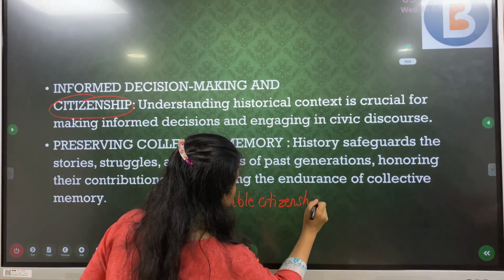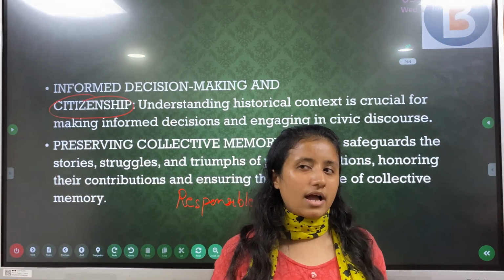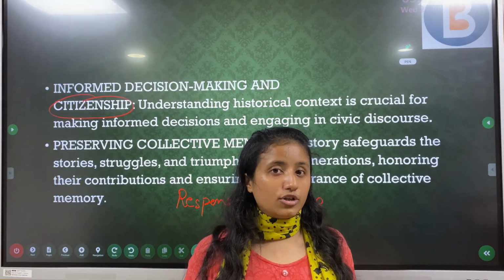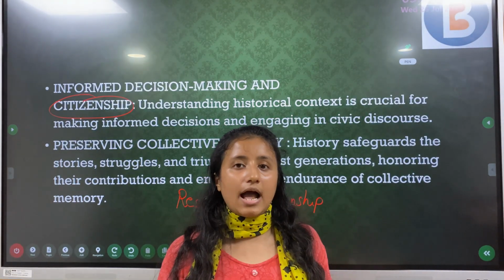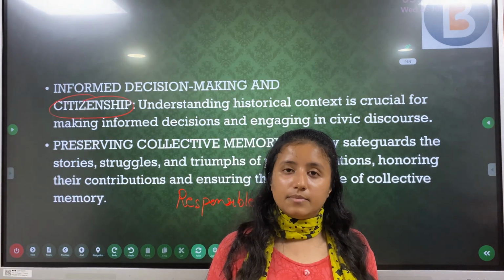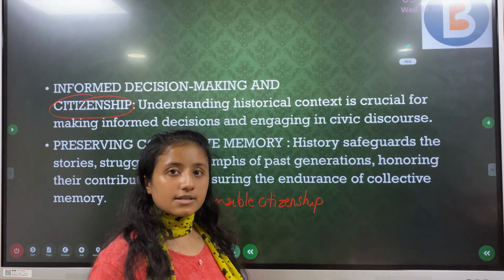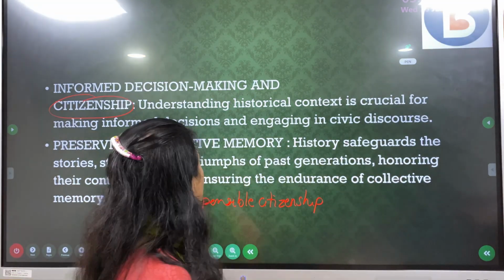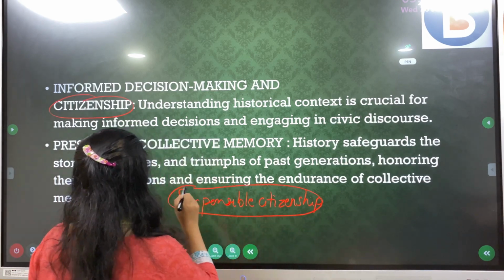How? You must have come across news items about how at many monuments there is littering in the nearby area, and you must have studied about the Taj Mahal and the polluting industries nearby, right? So when we know history, we will not do that. We will preserve our heritage, right? That is called responsible citizenship.